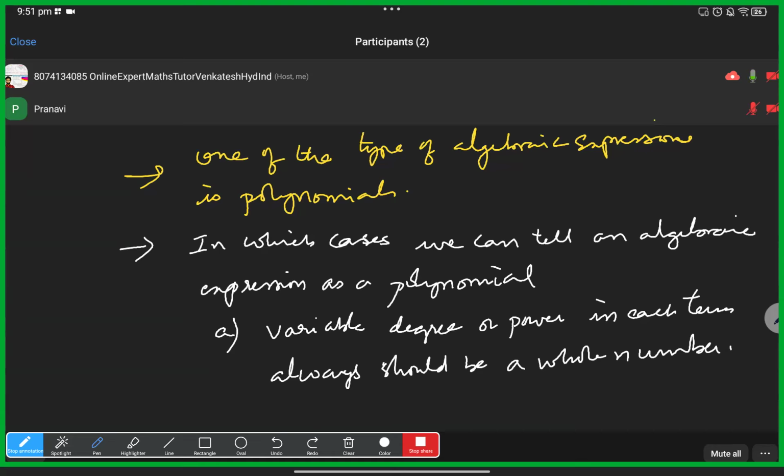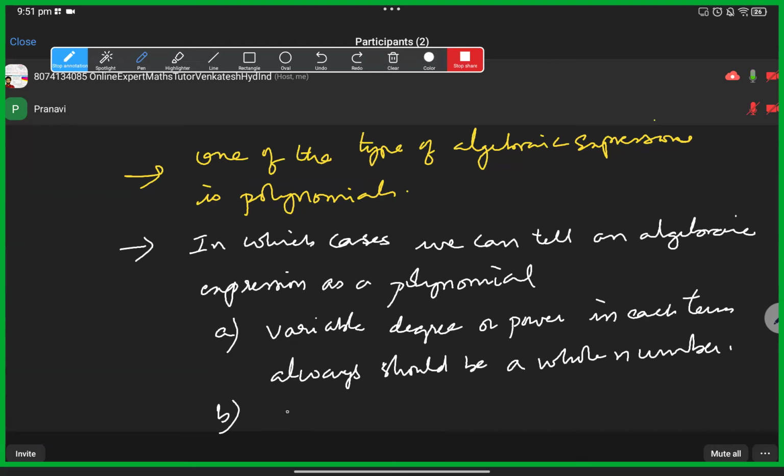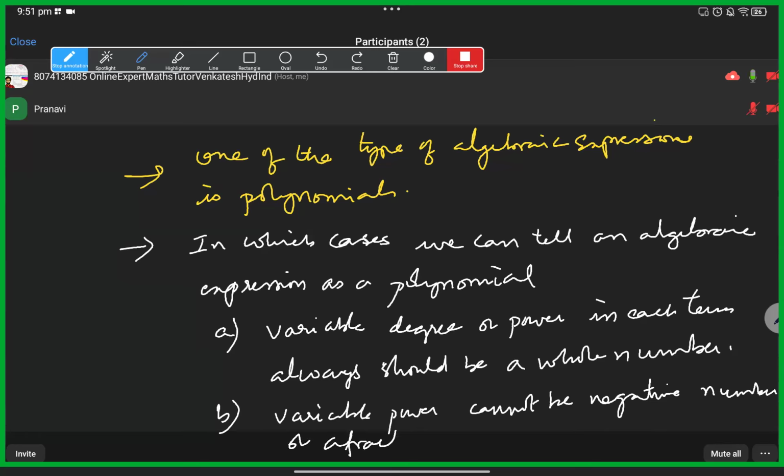So what is the meaning of that statement? The variable power cannot be a negative number, or a fraction, or a negative rational number, or simply a decimal also, because once it's a fraction, 1 by 2, automatically it will be 0.5 or minus 1 by 2.